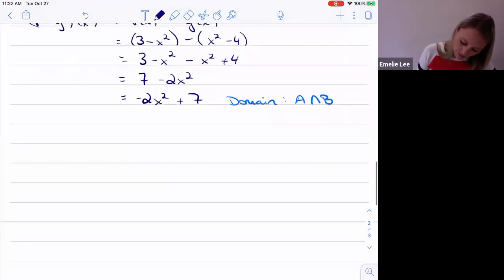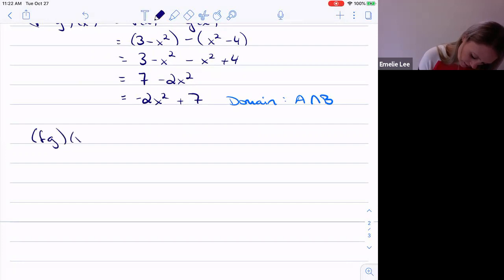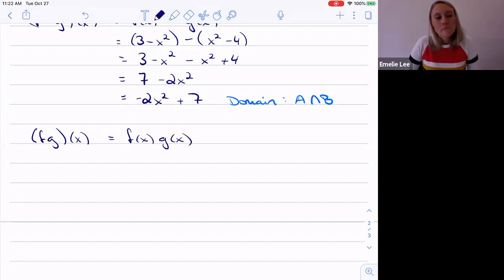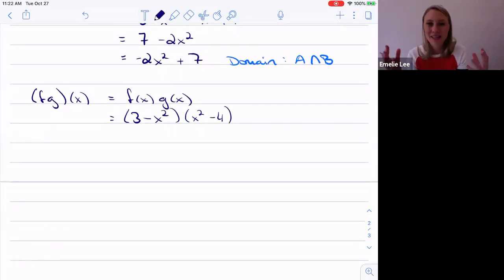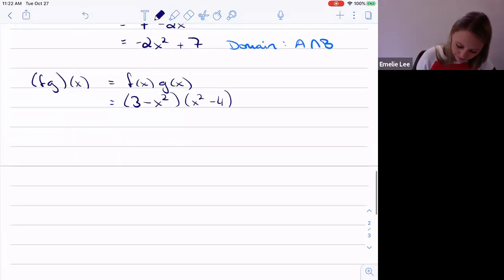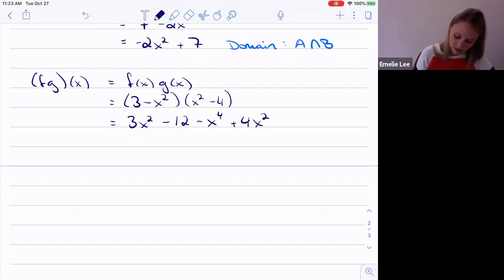f times g of x is f of x times g of x. So now I'm going to get a slightly larger function, right? So I've got 3 minus x squared times x squared minus 4. If I expand this out, you can FOIL if you want. 3 times x squared is 3x squared, minus 3 times 4, minus 12, minus x to the 4th plus 4x squared.